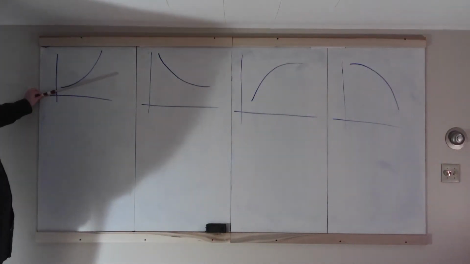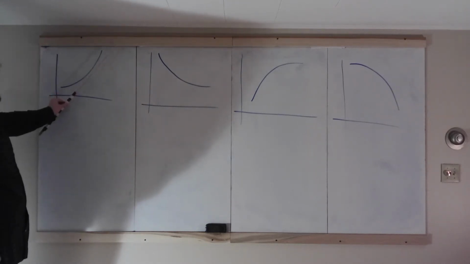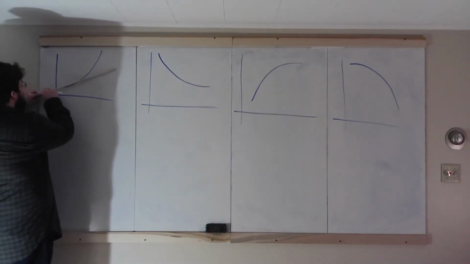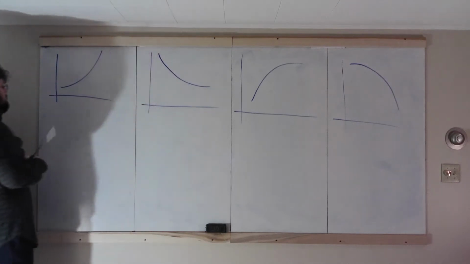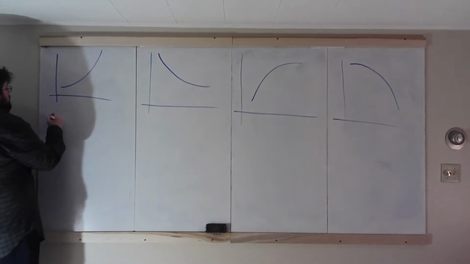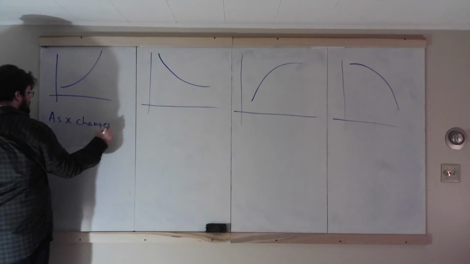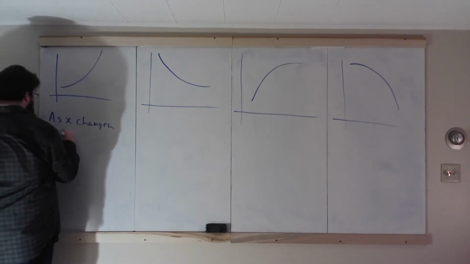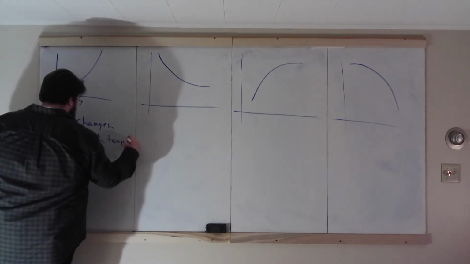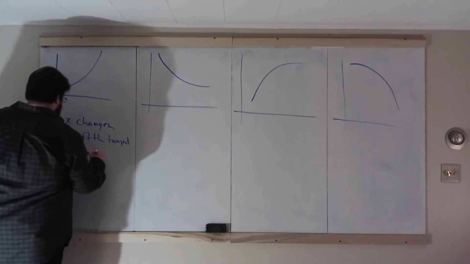Here, it's a positive number. As you travel on this curve, it's a positive number, but notice it's becoming more positive. So it starts here, then it becomes more positive. As x changes, and when x changes, we're always going to assume in the positive direction, the slopes of the tangent lines become what?